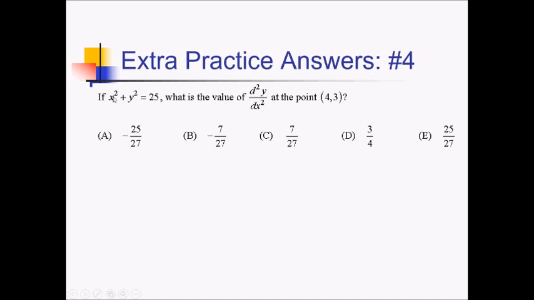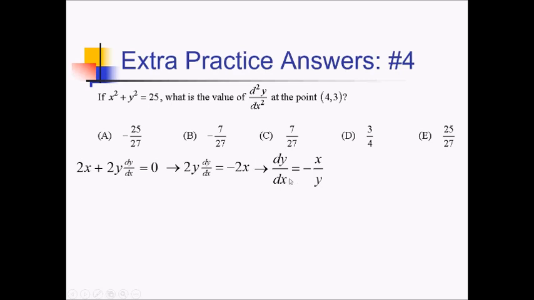So we've got 2x plus 2y dy over dx, because I'm using implicit differentiation, and that equals the derivative of 25, which is 0. Isolating dy over dx, we can subtract 2x from both sides, and then divide by 2y, and I'm going to cancel out those 2's, so we can say dy over dx is just going to be negative x over y. All right, so that's our first derivative.